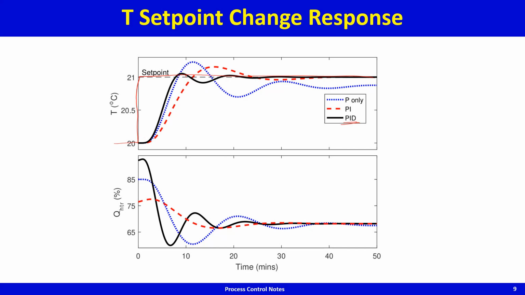You get very close to set point quickly and settle down, whereas PI control, the red curve, is slower. You have a larger overshoot, and settling takes somewhat longer. So PID control gives the fastest response. Of course, this fast response comes at the expense of more aggressive movement in the heater duty Q.